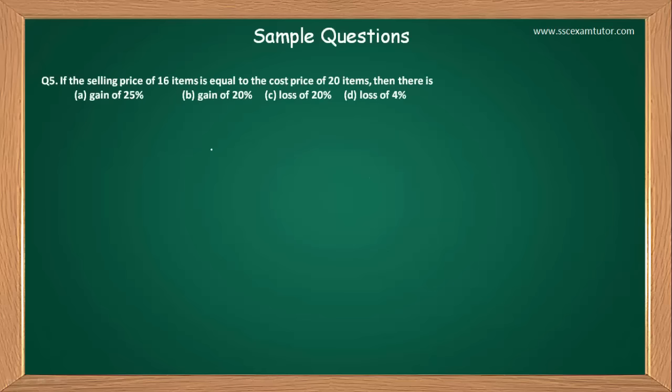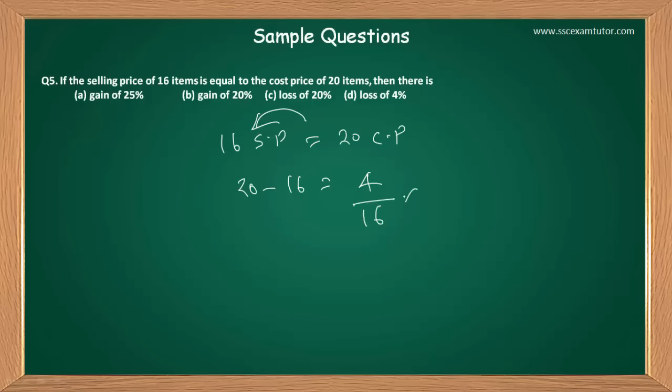Let's see another question. It said 16 SP is equal to 20 CP. Subtract these two, you will get 4, and use this SP as your base, you will get 25%.